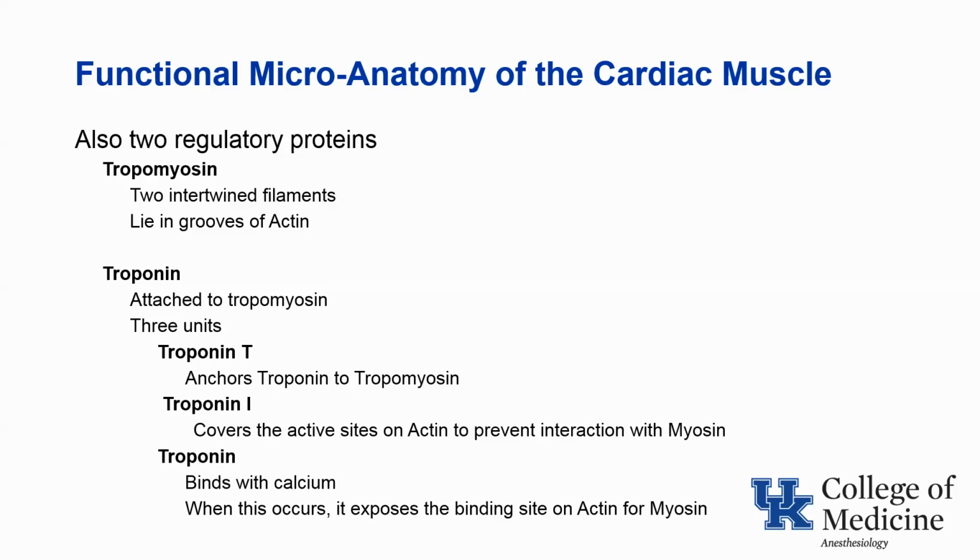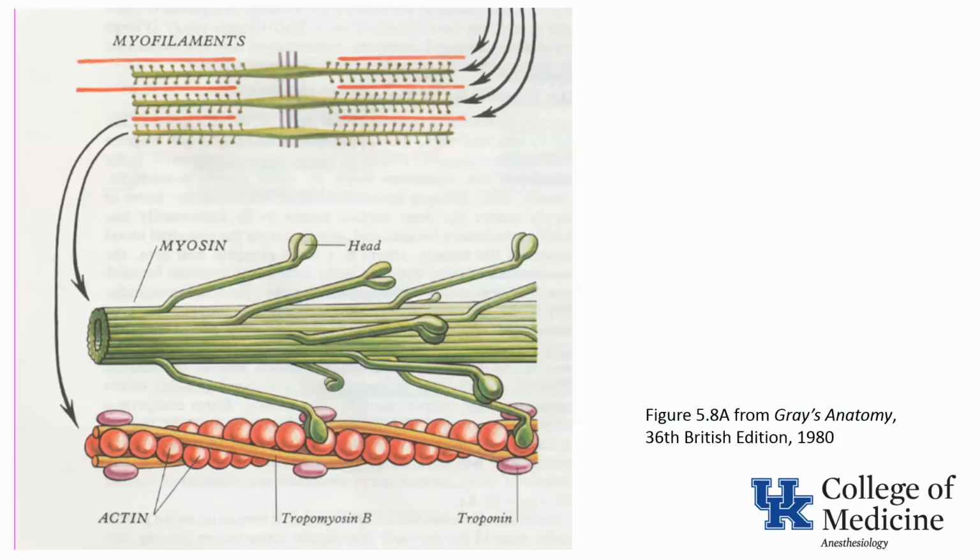There are also two regulatory proteins, tropomyosin and troponin, as summarized on this slide. This shows the heads on the myosin, and these fix to the actin, and by flexing cause movement.